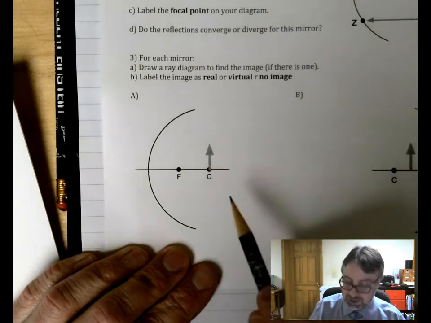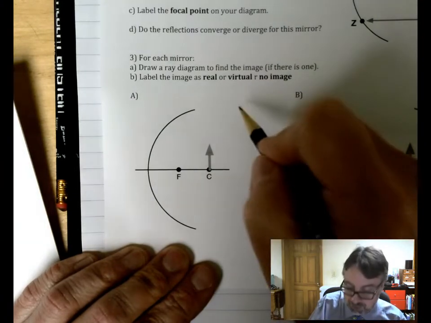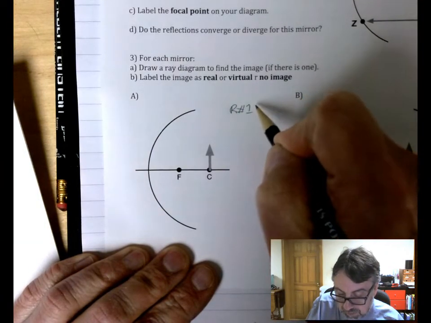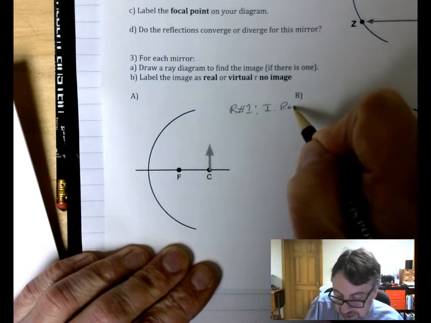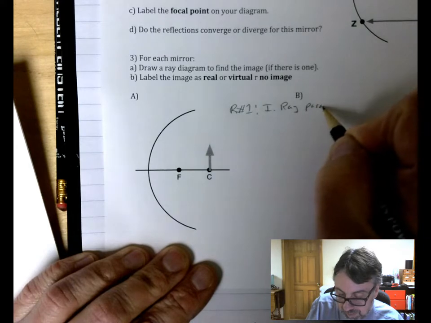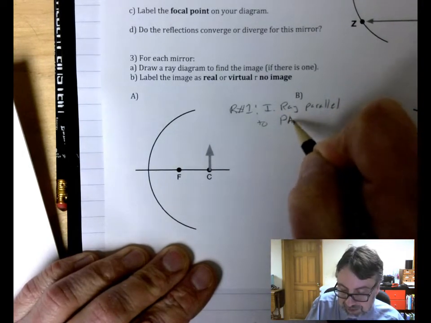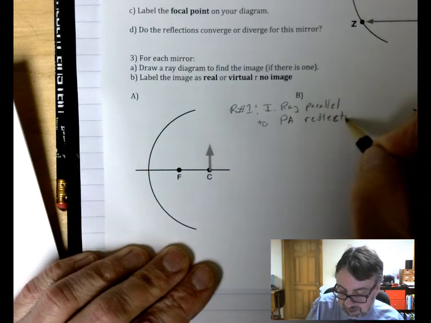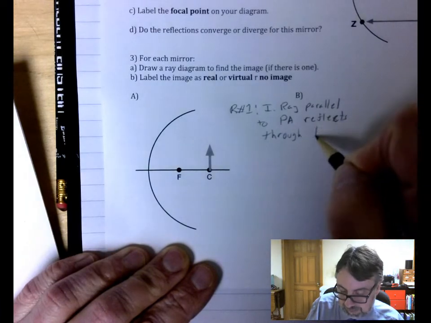So I need to draw my ray diagrams, and I'm going to first use rule number 1, which says that any incident ray parallel to the principal axis reflects through the focal point.